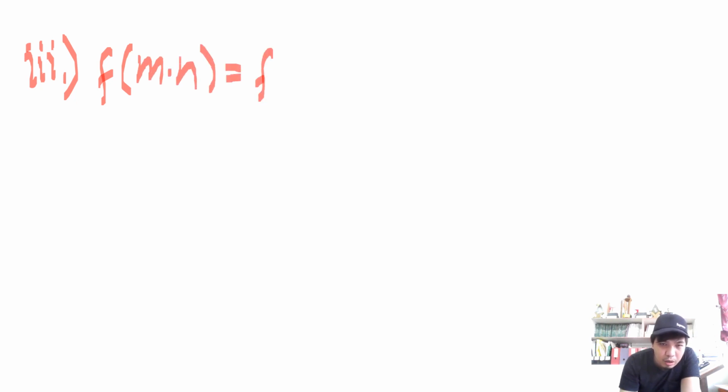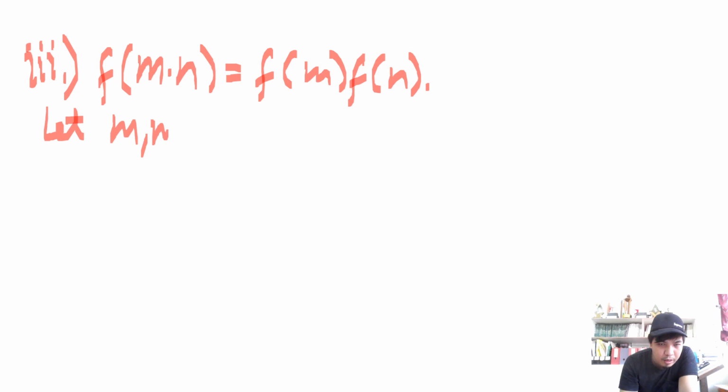For the third property, we are going to show that the image of the product m times n is equal to the product of the images f of m and f of n. We will do this by taking again m and n from the domain.